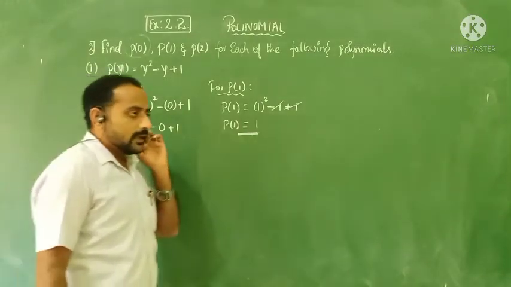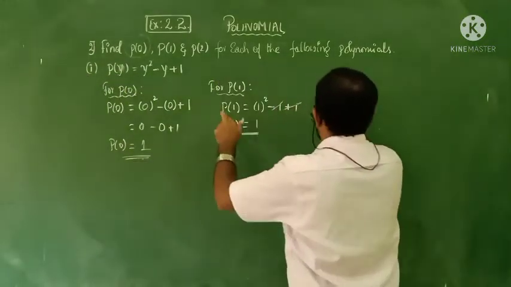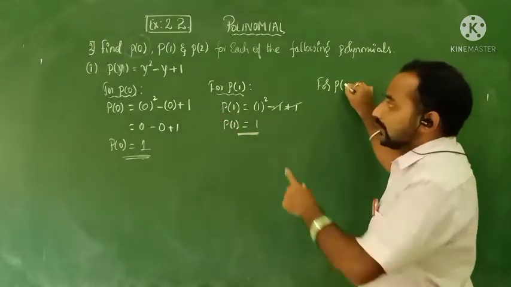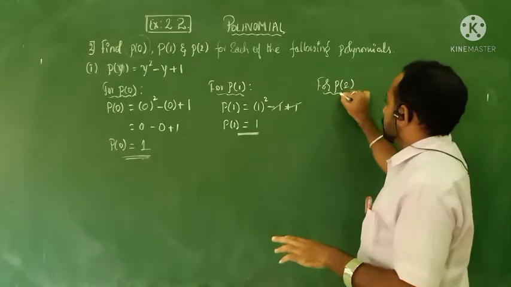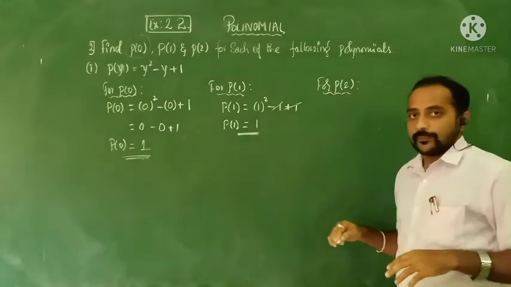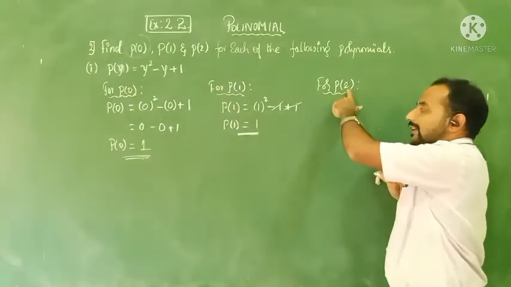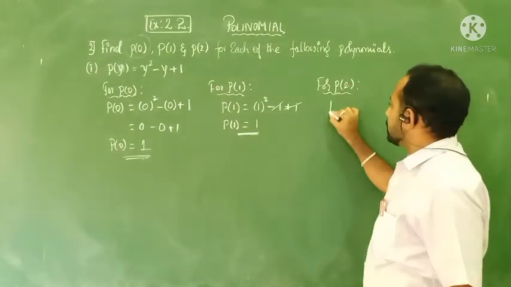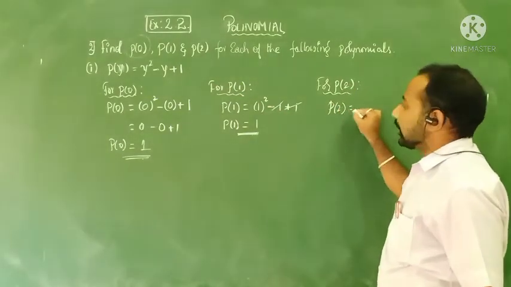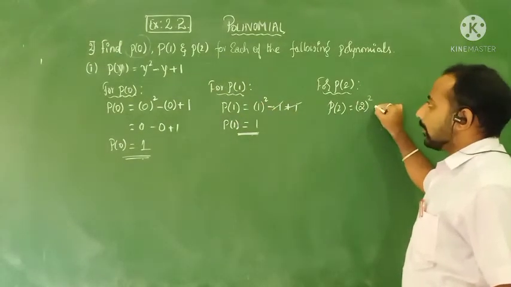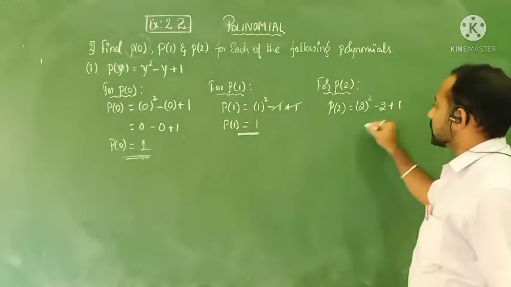Similarly, let's go to the next one, that is for P of 2. The polynomial is like this, meaning the value of y is 2 now. So then P of 2 is equal to 2 square minus 2 plus 1.